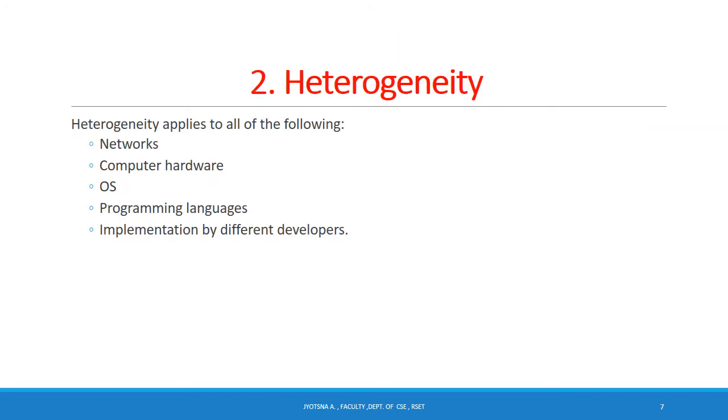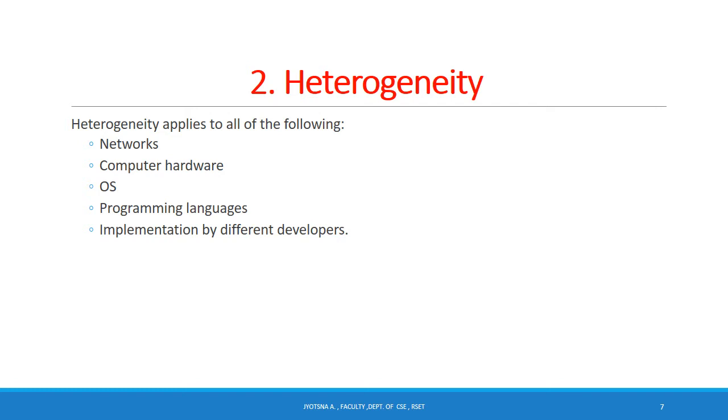The next challenge of distributed systems is heterogeneity. Heterogeneity means variety. In distributed systems we can apply heterogeneity to all of the following: networks, computer hardware, operating systems, programming languages, and implementation by different developers.